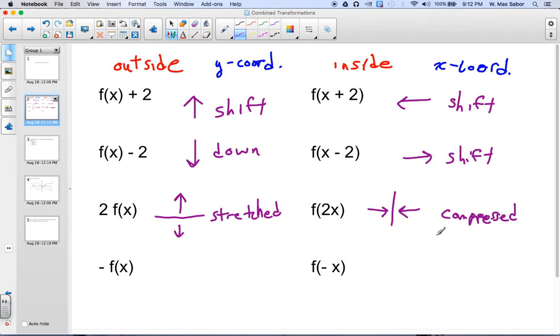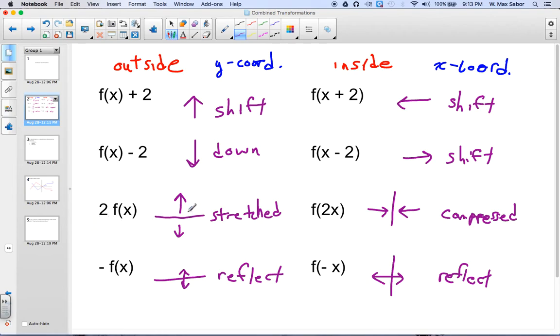Whenever we have a negative, it will be a reflection. When we're changing y-coordinates, that means it will be a vertical reflection. And when we're changing x-coordinates, inside, it will be a horizontal reflection. So these are our key things.